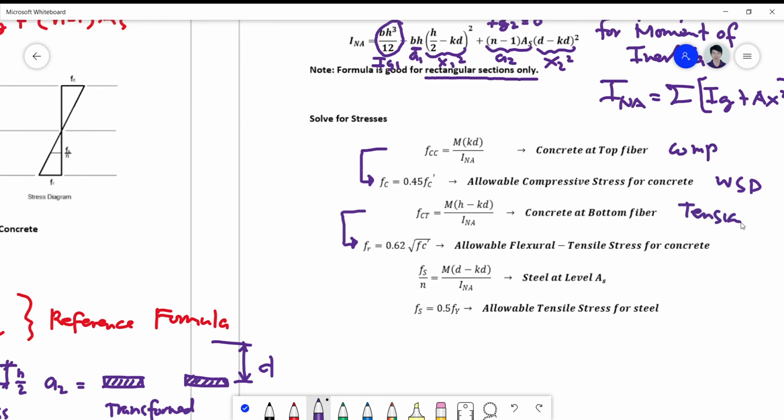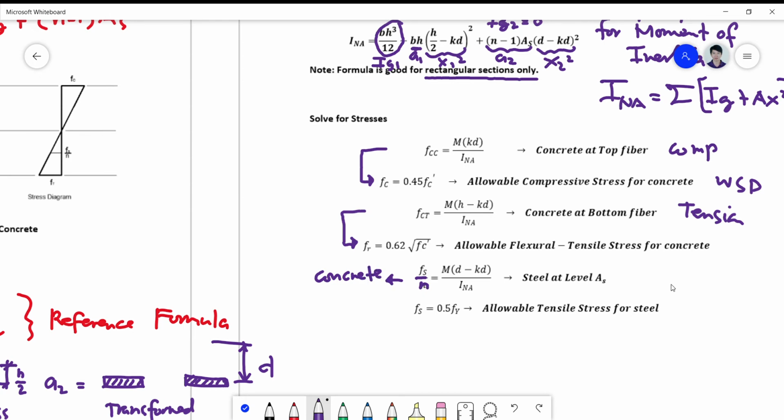For the steel level, fs over n is M(d minus kd) over INA. So take a look that fs here has an n because we are converting it back to concrete. Okay, so we have to divide it by n.